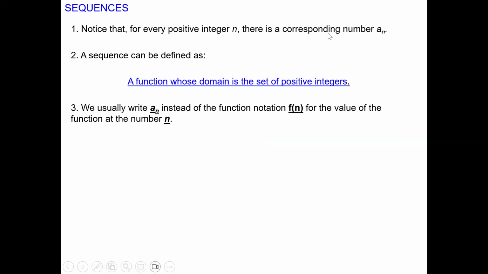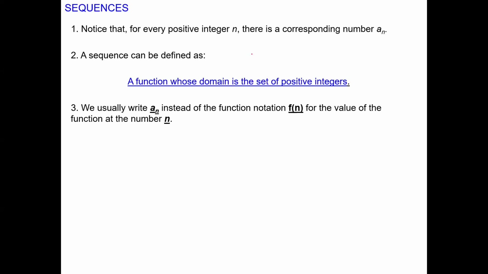Now we know that we may have that pattern, and this pattern can be represented by the formula a sub n, the corresponding number a sub n. Also, because a sub n will be the formula, we can say that the sequence is a function whose domain is the set of positive integers.